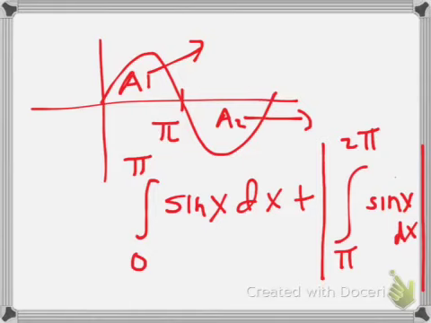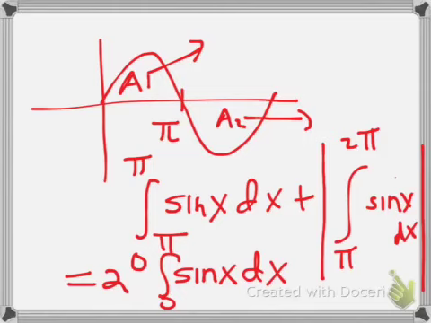And also the sine function is symmetric. The area above the x-axis is the same as the area below the x-axis in this case. So instead of this, I can say this is the same as twice the integral from 0 to pi of the positive one, sine x dx, right?